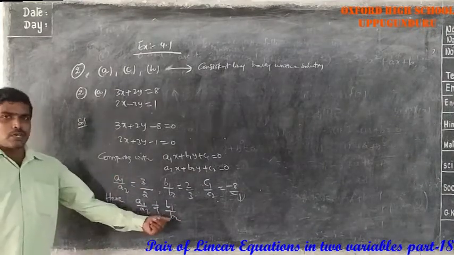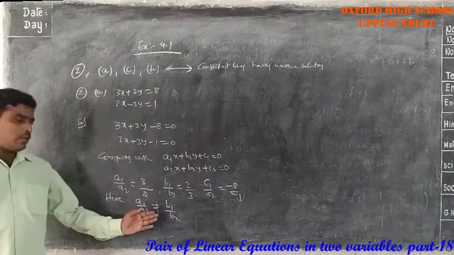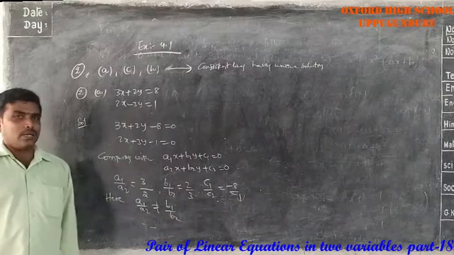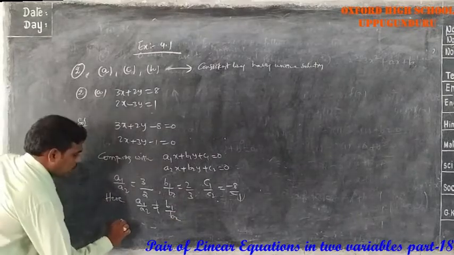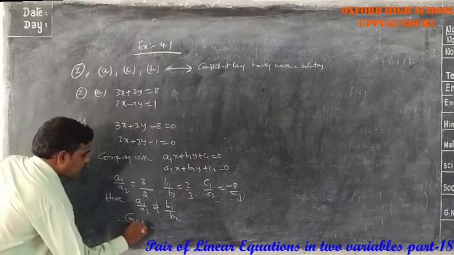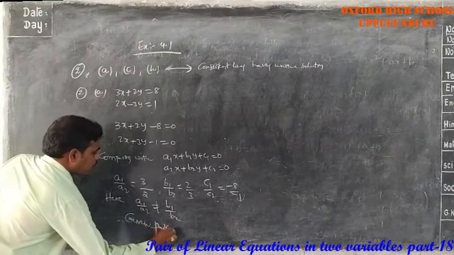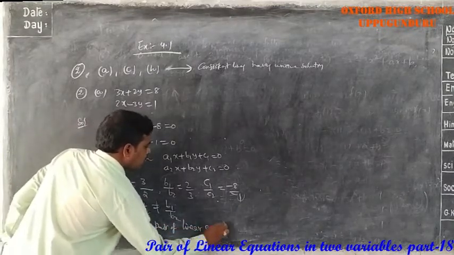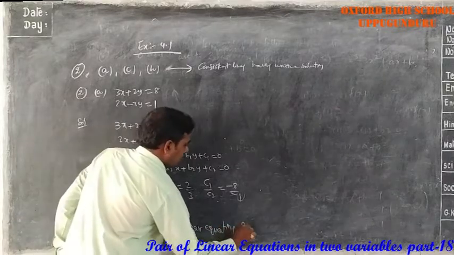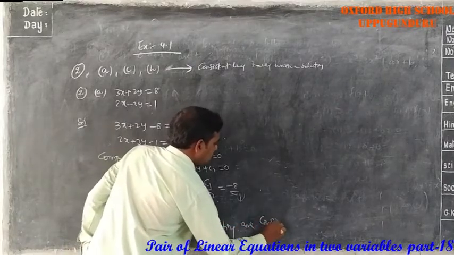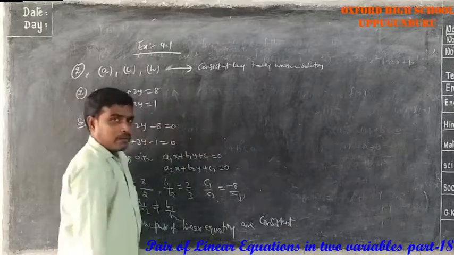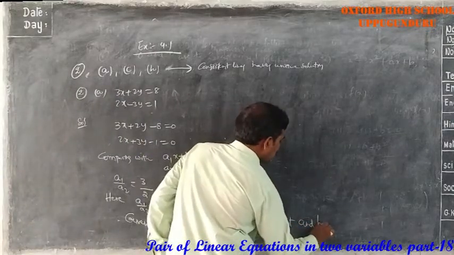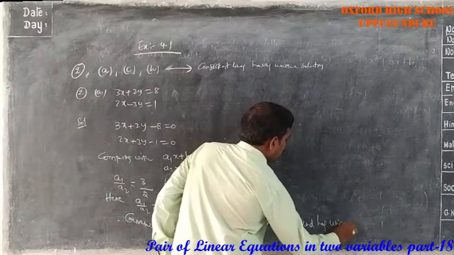If a1 by a2 not equal to b1 by b2, then you will get a unique solution and in the graph you will have intersecting lines. So therefore, the given pair of linear equations are consistent because they have one solution, a unique solution.